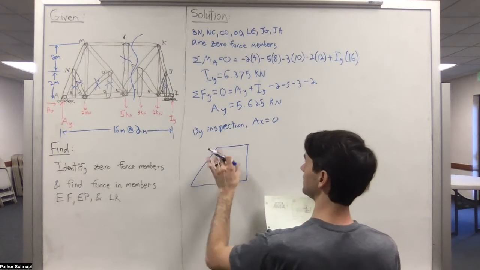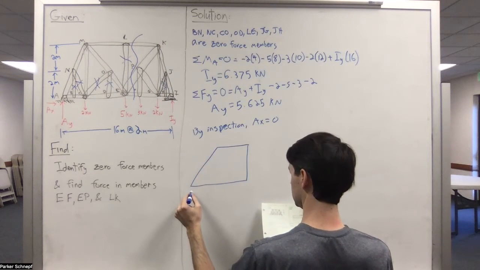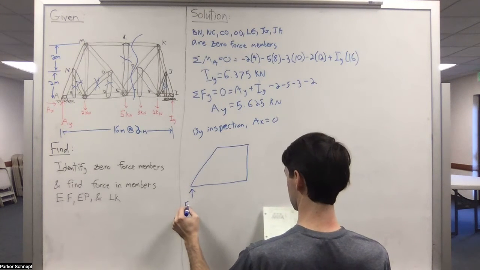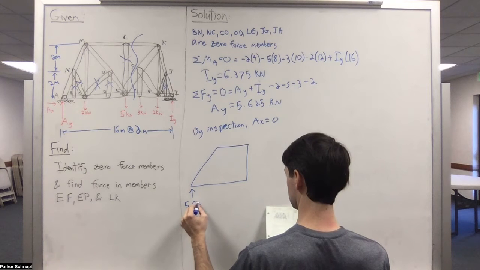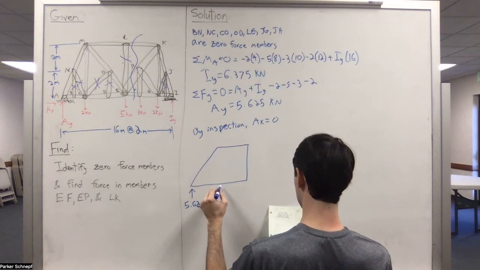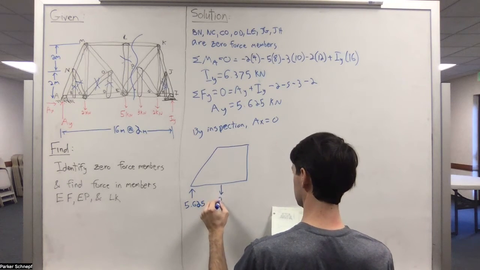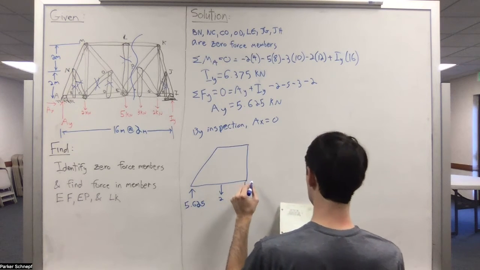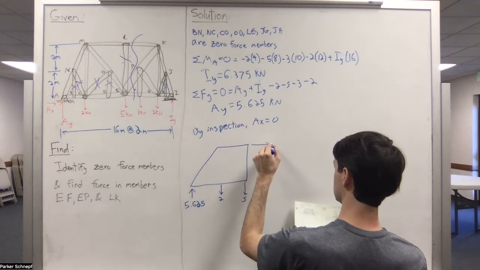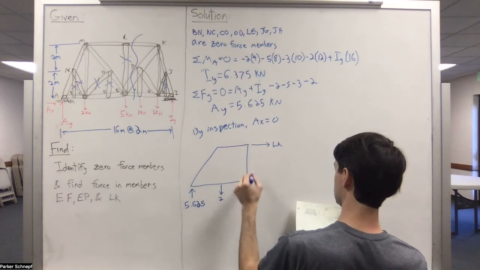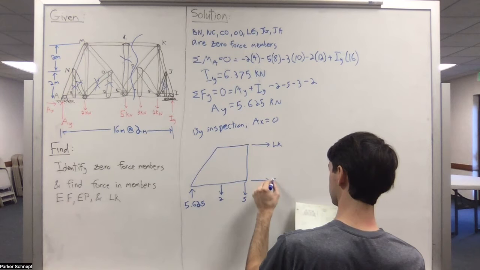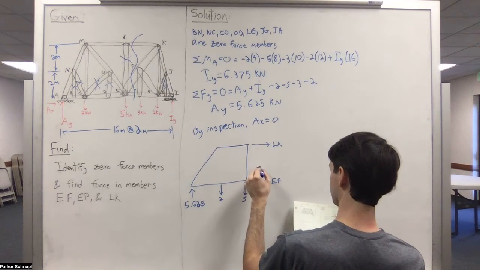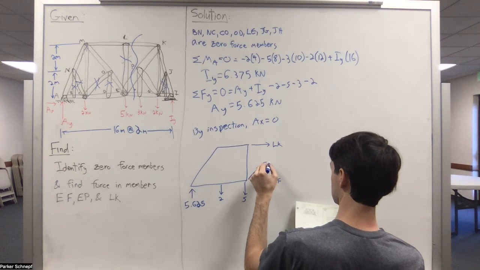So looking at the left side, I still have this AY, which is 5.65. Still have this -2, I still have this -5. And then I have LK, EF, and EP.